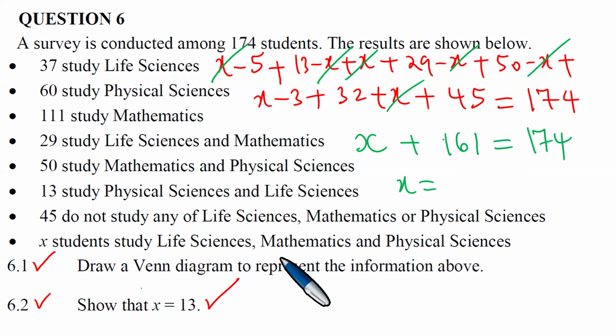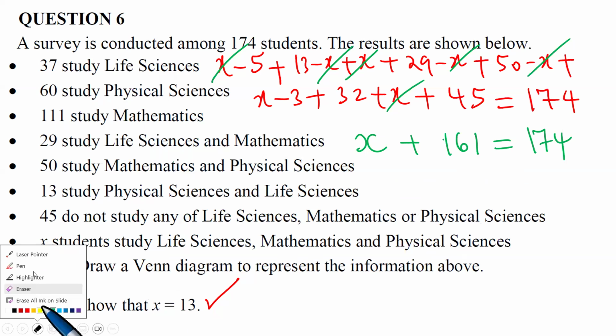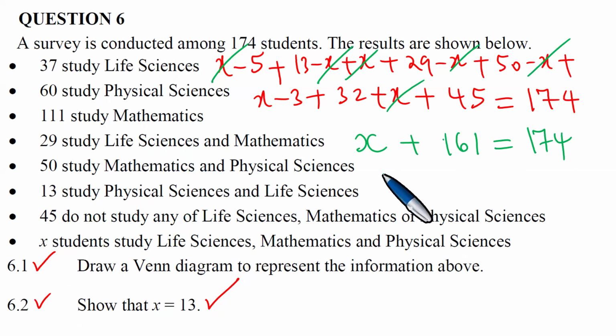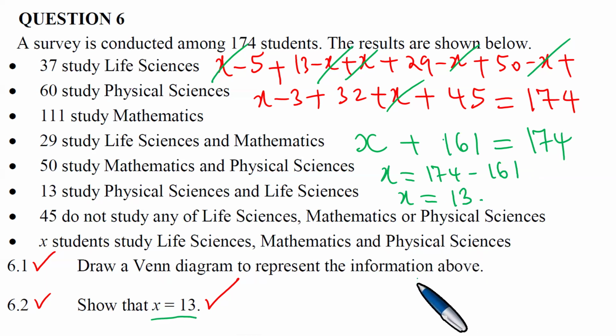Meaning x is the same as what? The difference. So x is equal to 174 minus 161, and x equals exactly 13. Any question on this? Because we were to show that x is 13 and we got that x is 13. No question. Move forward. Thank you.